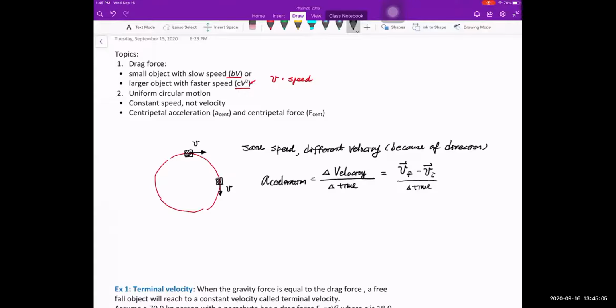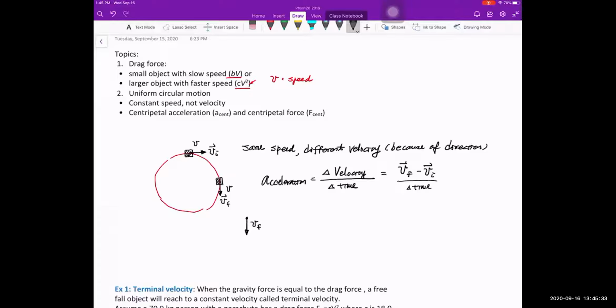Let's just say this is your initial, and this is your final. And I want to find a change. I will start with my final. This is my final, and minus the initial.